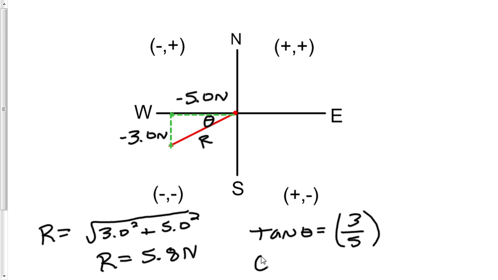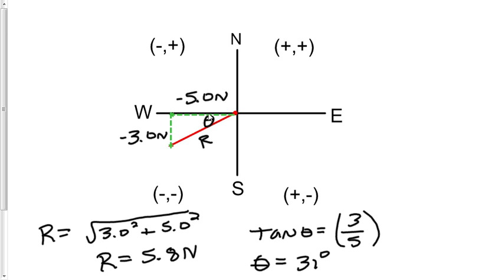Theta is equal to 31 degrees. Remember, you need to inverse tangent in order to find this. What we're saying is, what angle is the ratio 3 over 5 for y to x true? What angle makes that ratio possible? So you will inverse tangent, and it will give you 31 degrees.